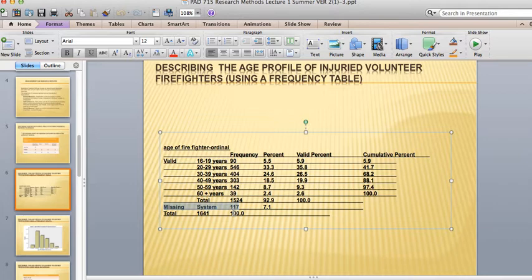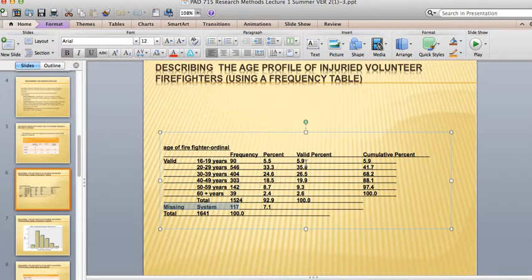Maybe they were filling out the form the next day and they just forgot to fill it in. So these things happen. You're using real-world data sets where we're going to have incomplete information.